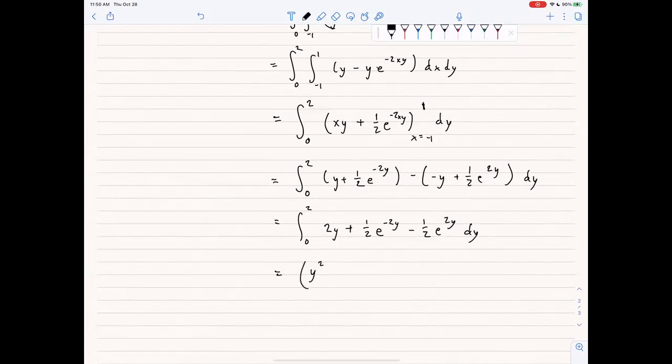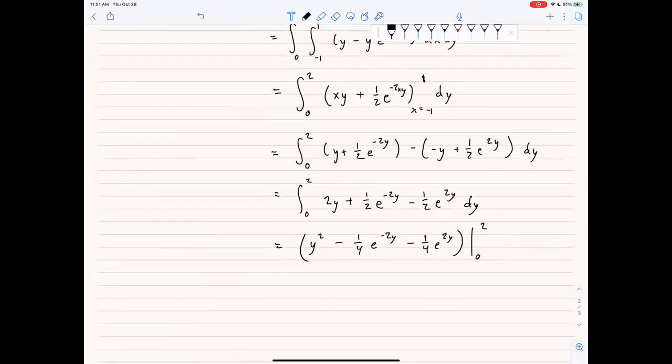I guess I need a minus 1/4 e to the negative 2y minus 1/4 e to the 2y. And here I'm going from 0 to 2. Here I'm not so worried about writing down the variables since I don't have any other variables to evaluate.